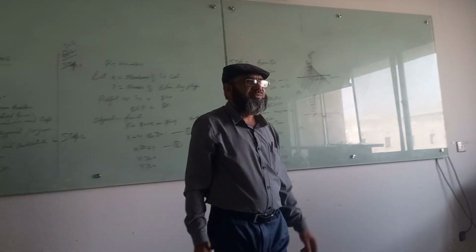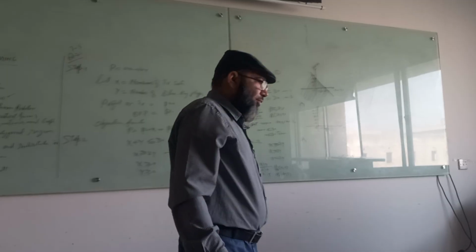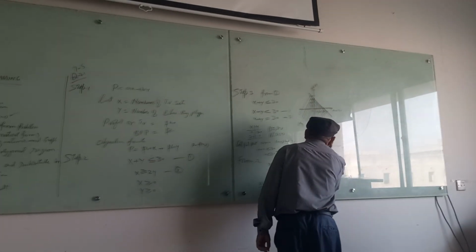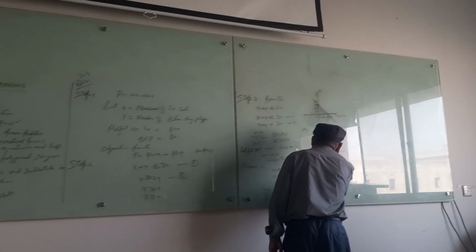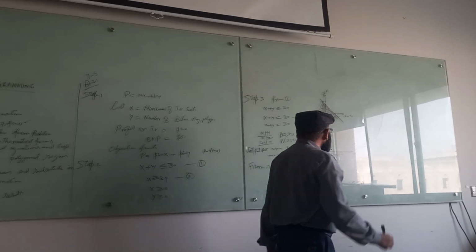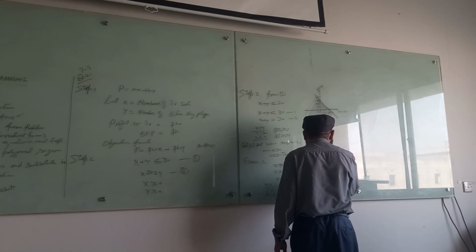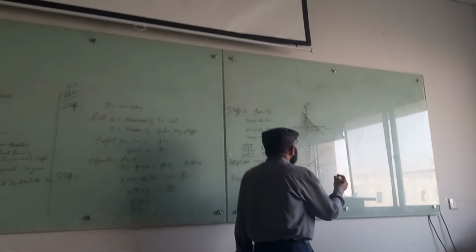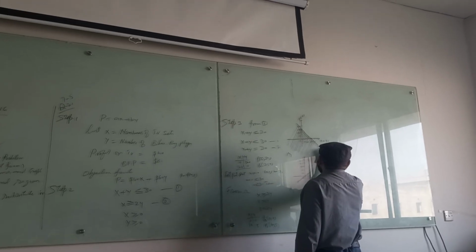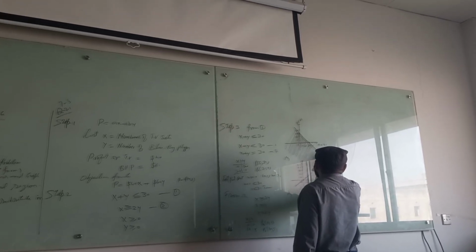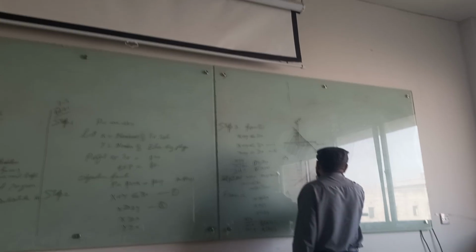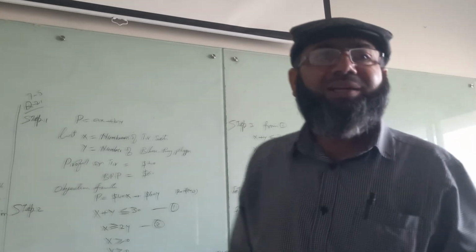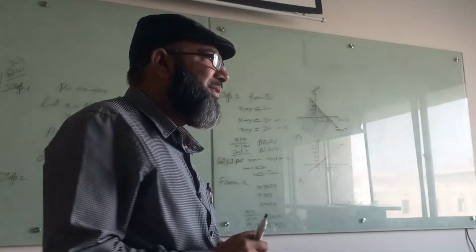And next, at 10, y 5 means here. Join these 2 points. It will be this. You can write here: this is x plus y equal to 30, and this line is called boundary line, associated line, or there are 3 names.